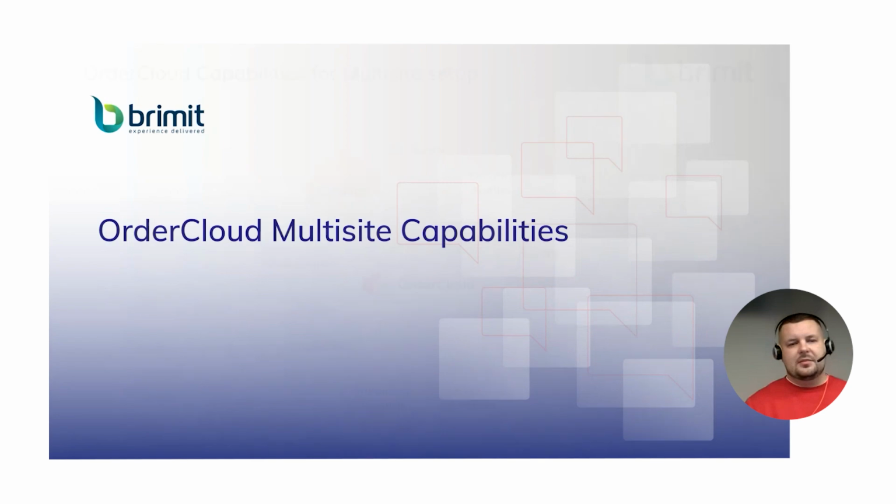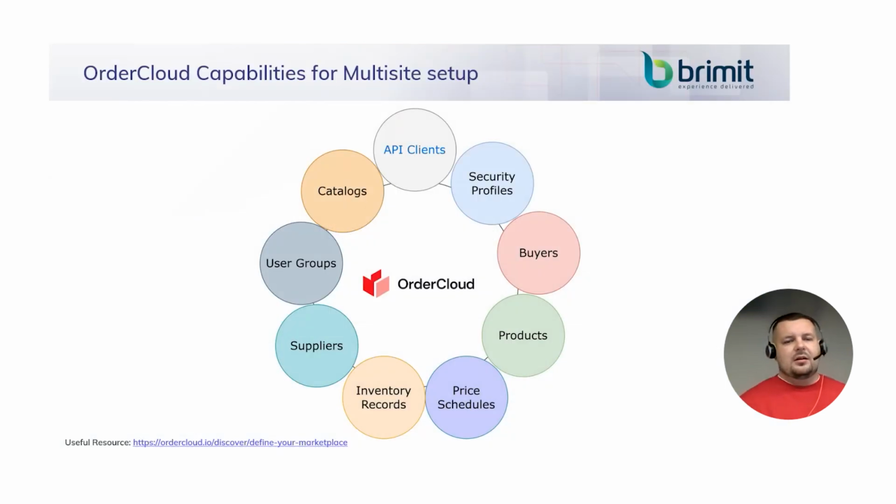OrderCloud multi-site capabilities. OrderCloud is a powerful commerce platform. It provides a lot of different entities and features to set up and configure a solution according to client business requirements. Here, as you can see, I highlighted the most important entities and features.